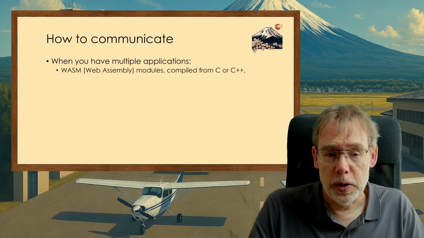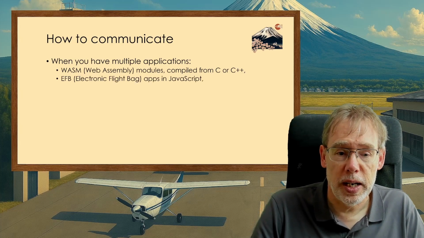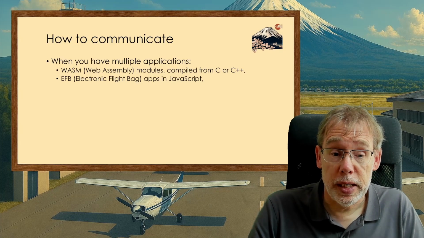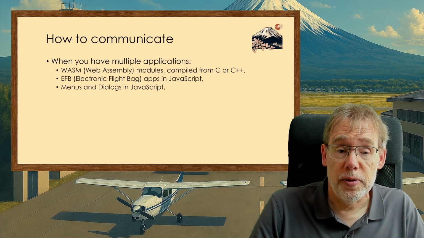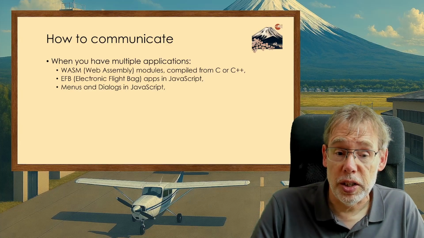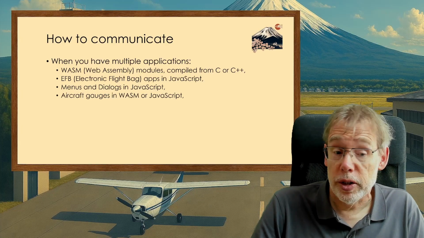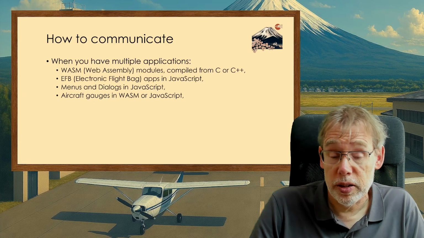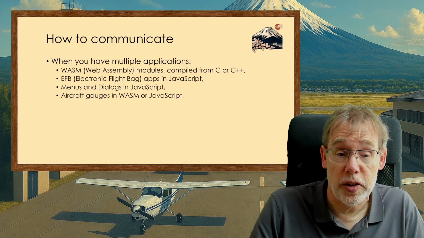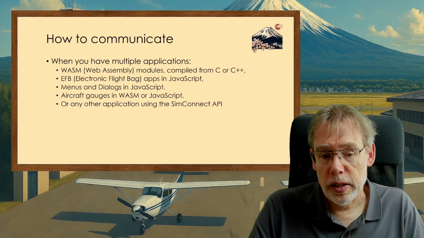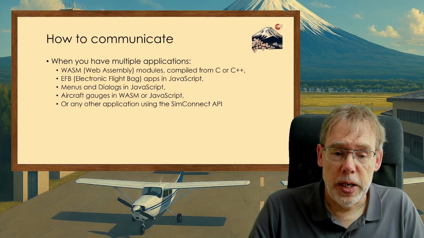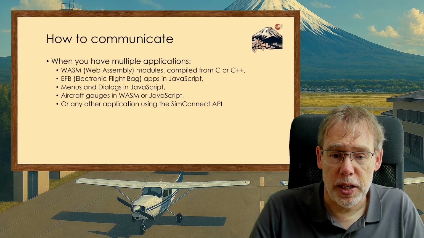We're using the WASM API. We could have electronic flight bag applications in JavaScript. We could have menus and dialogues in JavaScript, or even aircraft gauges either in WASM or JavaScript. And then we might have either a WASM or an external application using the SimConnect API.